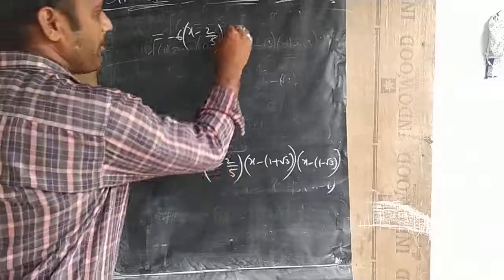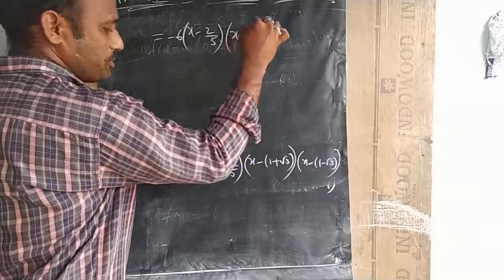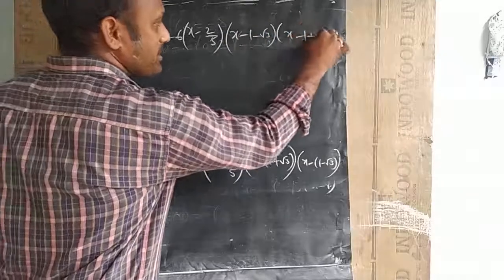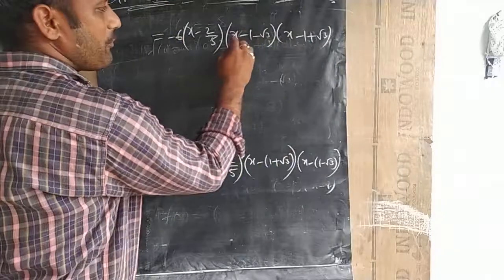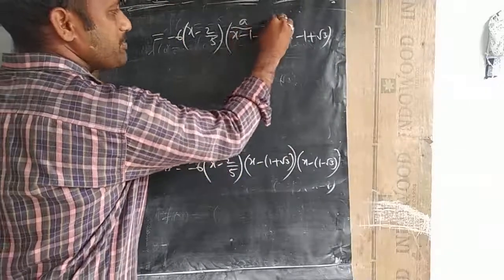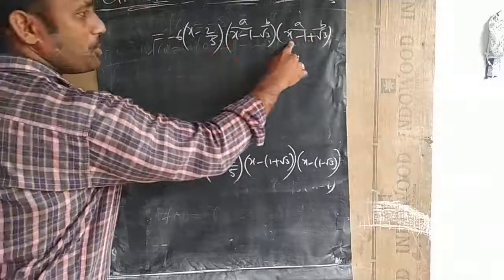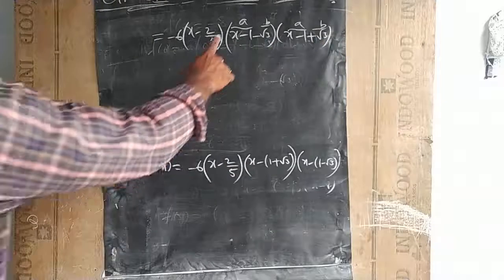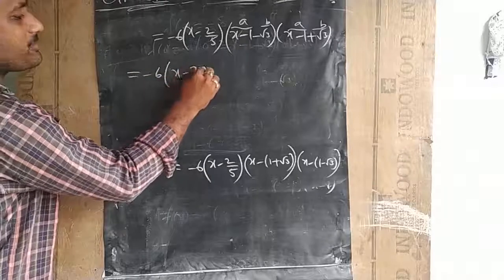If I open up the bracket here, what we are going to get? X minus 1 minus root 3 into x minus 1 plus root 3. Here you can see that it is in the form of a minus b into a plus b, so we can write it as a square minus b square.